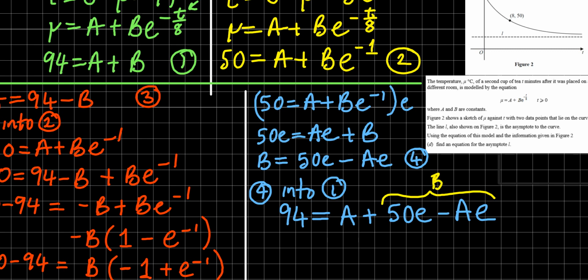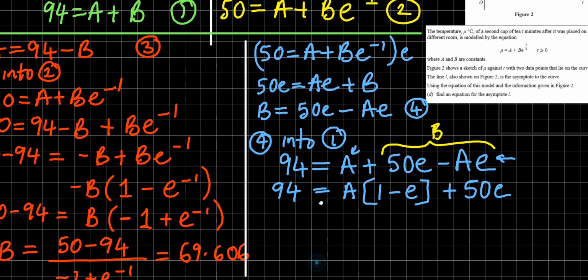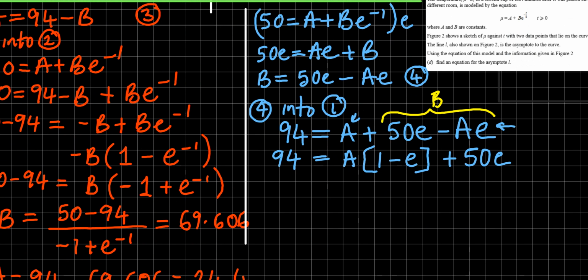Now we're going to make A the subject. Actually, before we can make A the subject, we could just factorize A out. So we have A times (1 minus e) plus 50e, and that's 94, because we've got A here and we've got A here. Now we can make A the subject.